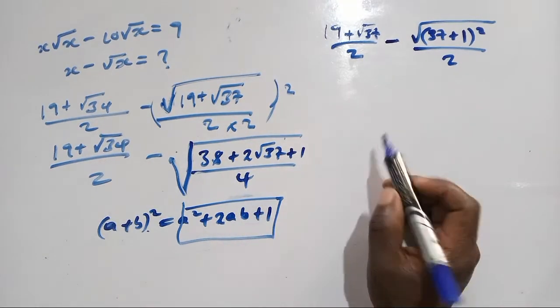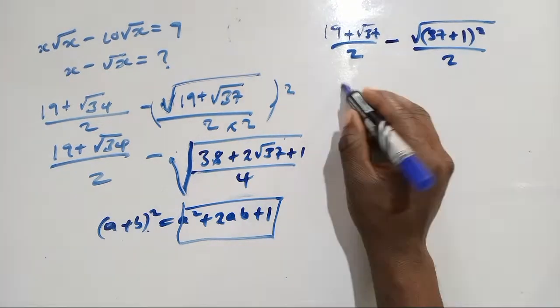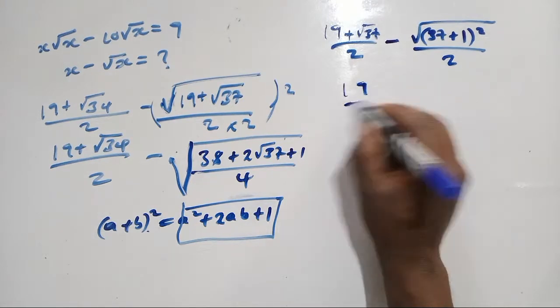In which here what we are going to have is 19 over 2, right?